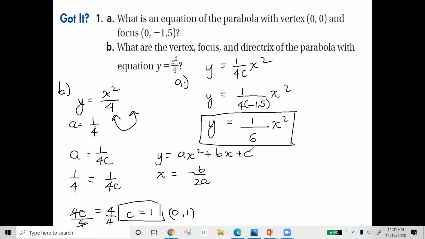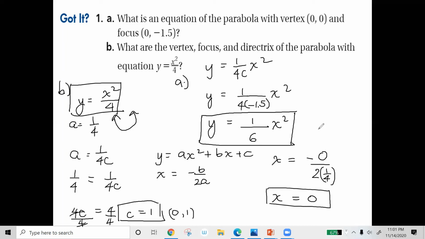First, let's solve for x. x equals negative b over 2a. What is b from our given? We have y equals x squared over 4. Do we have a value of b? We don't, so we will put 0, and 2 times a, where our a is 1 over 4. So simplify: negative 0 divided by 2 times 1 over 4 will be 0.